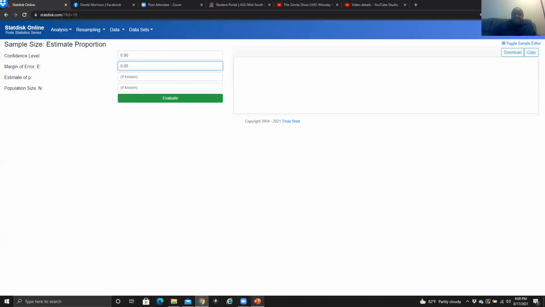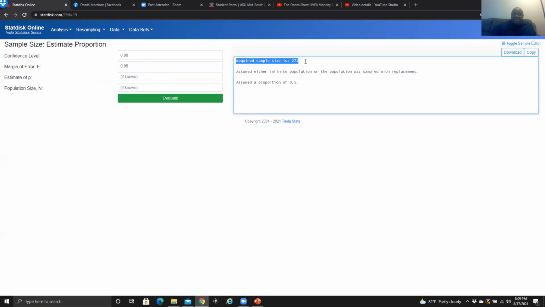Now in part A, it says, assume nothing is known about the percentage of computers with new operating systems. So the estimate of P will be blank. The population size N will also be blank, because in reality, the population size is always going to be unknown. Click Evaluate. And at the very top, you'll see the required sample size.